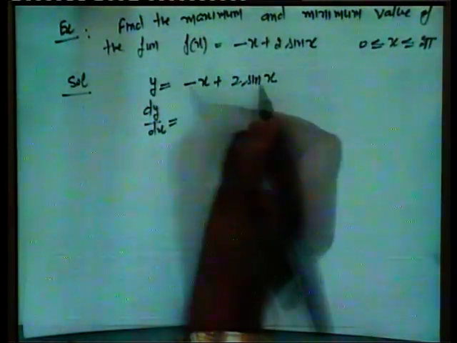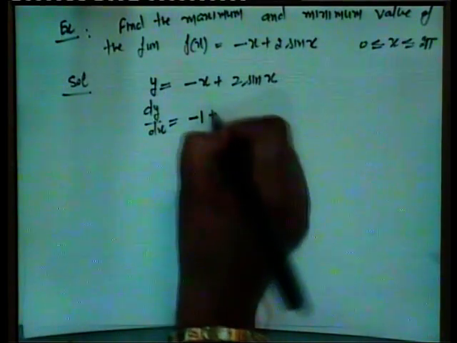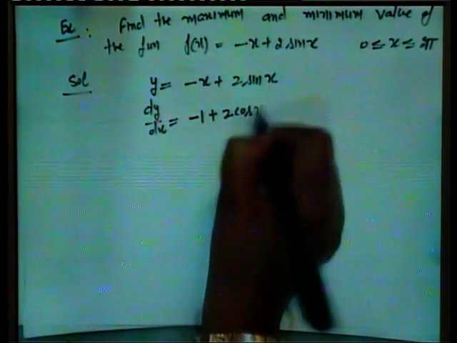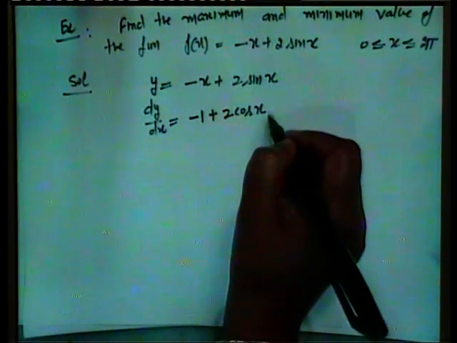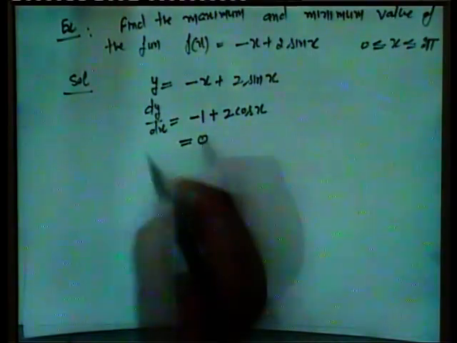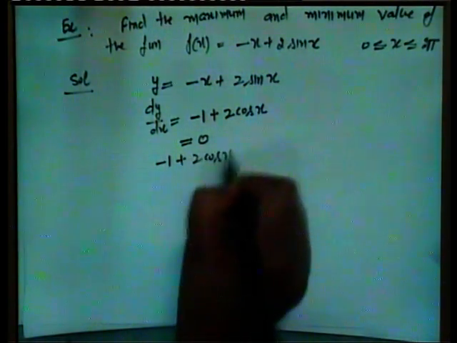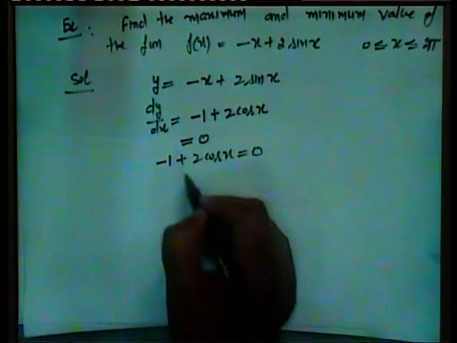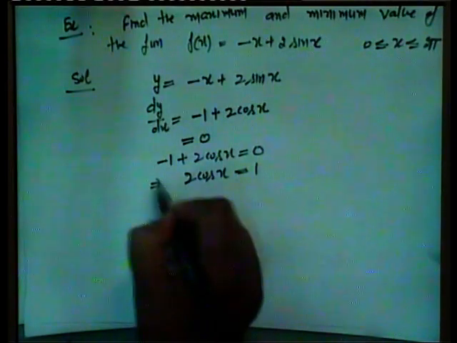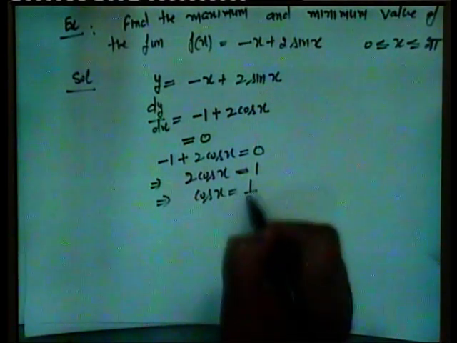Differentiating with respect to x, derivative of x is 1 and derivative of sin x is cos x, so minus 1 plus 2 cos x. Now, put it equal to 0, then minus 1 plus 2 cos x is 0. Therefore, 2 cos x is 1. This implies cos x is equal to 1 by 2.